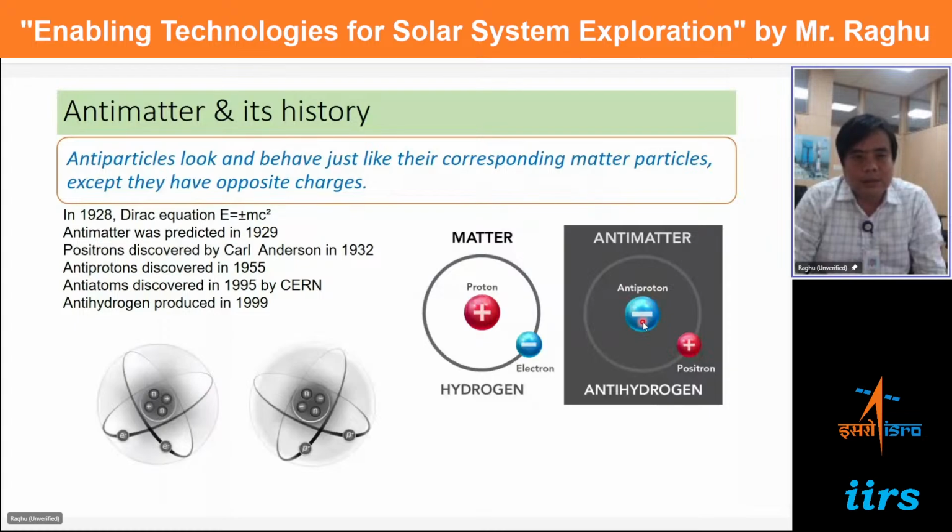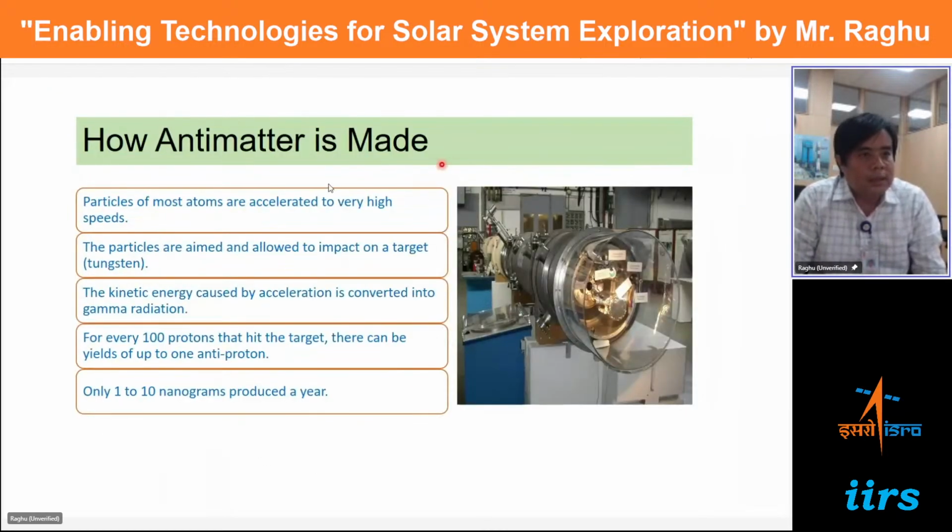It has a negative charge, while the mass and everything else is the same. Instead of the electron, it has a positron, which moves around the antiproton nucleus. It is the same for helium. So antimatter is the propellant for antimatter propulsion, and you have to make the propellant first.